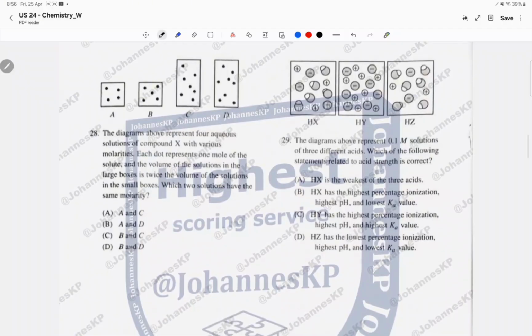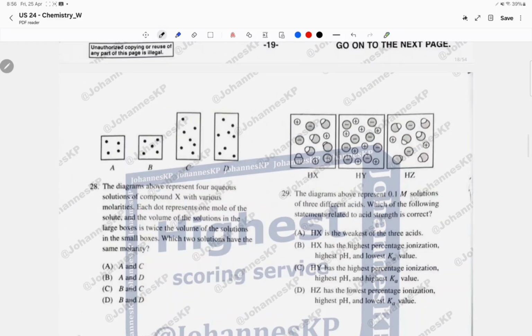Okay, so here we have compound X at various molarities. From A to C, we are doubling the volume. We also double the moles, so the molarity stays the same. So the molarity of, actually wait, are we doubling the moles?